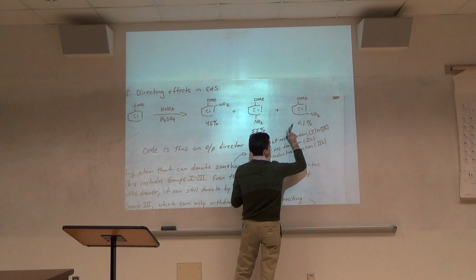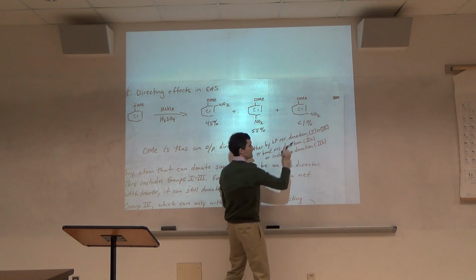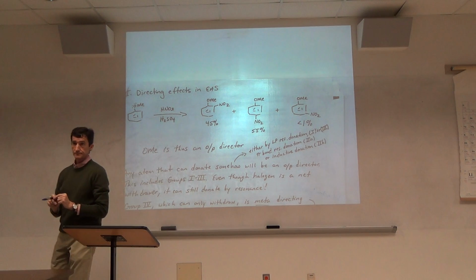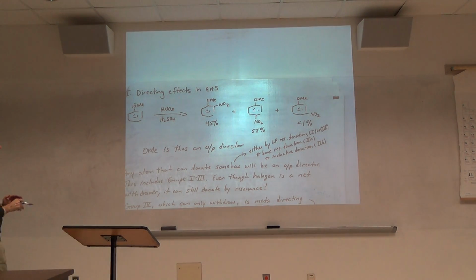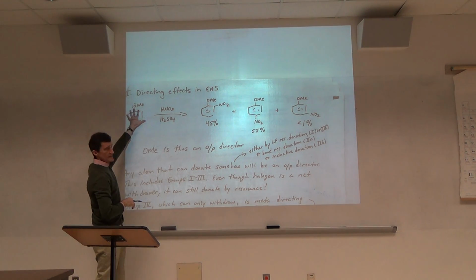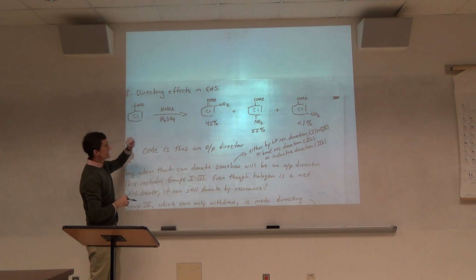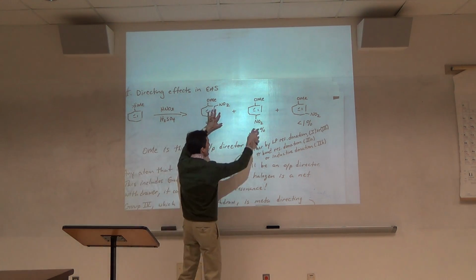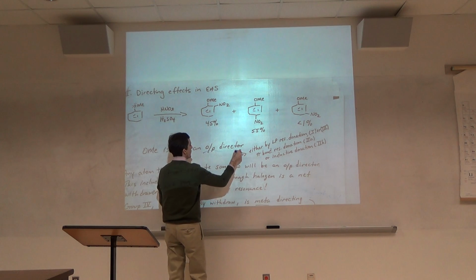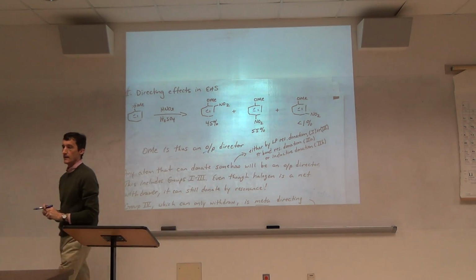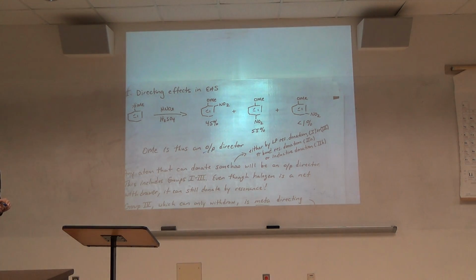You only get a minuscule amount of meta. Because of this outcome, we say that the methoxy is directing the group ortho-para. Okay? Ortho-para director. As opposed to any meta.